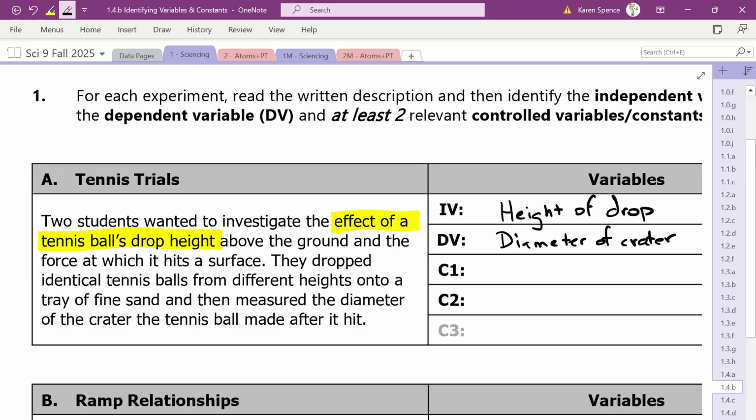Okay, what are some things that we have to control? Yes. Like you have to make sure that we drop it at the same level, right? Same elevation. Like same ground, for example, make sure you drop on the same surface. Yes. Yeah, okay. Make sure your surface is the same.